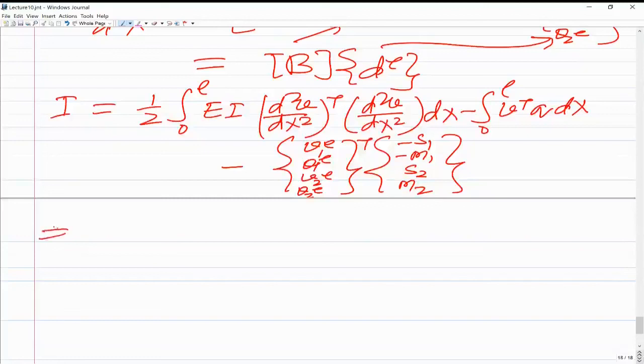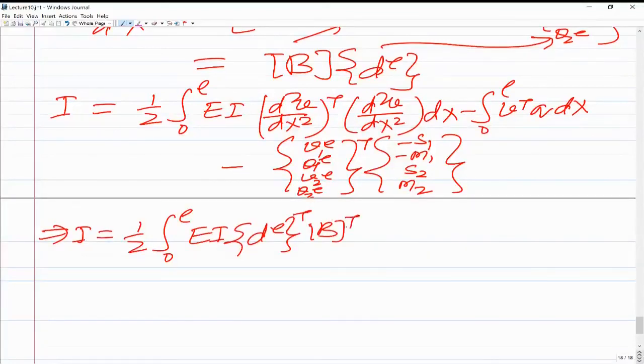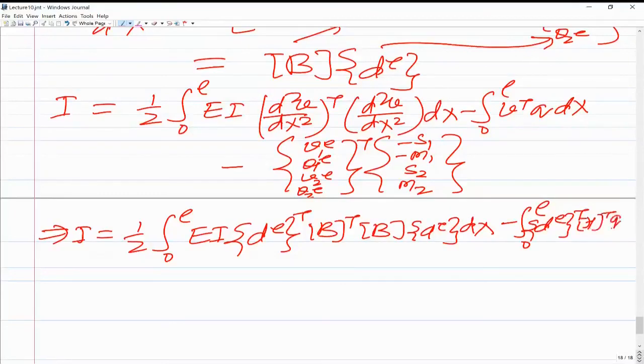If you substitute over here, you will see I equal to half integral 0 to L, ei, and the d2v by dx square transpose would be d transpose into b transpose, and d2v by dx square is b into de, dx, minus this term would be integral 0 to L, v transpose would become d transpose into h transpose into q dx, and then minus de transpose into the internal force vector.